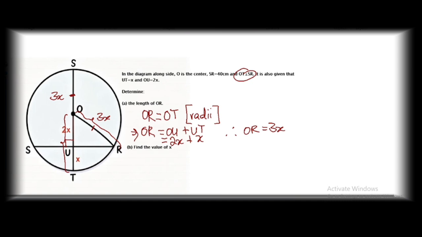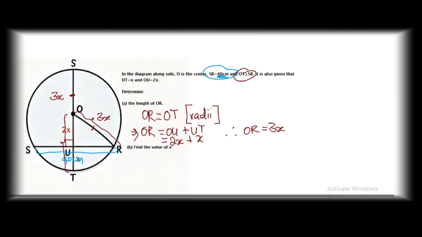Since we're finding the value of x, we'll have to go back to the statement and check what is given. We're given that SR is equals to 40 centimeters, meaning the distance from here to here is 40 centimeters, right? And we know from the converse that a line drawn from the center of the circle perpendicular to the chord SR also bisects this chord.